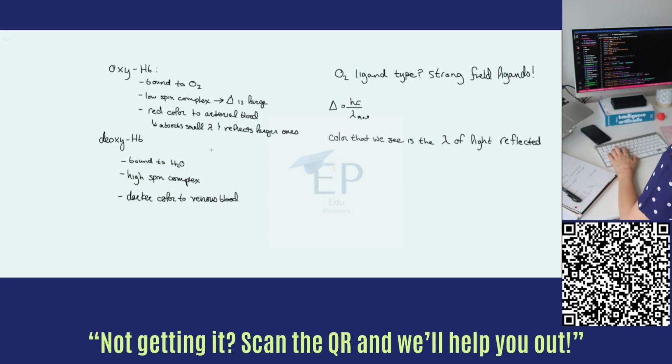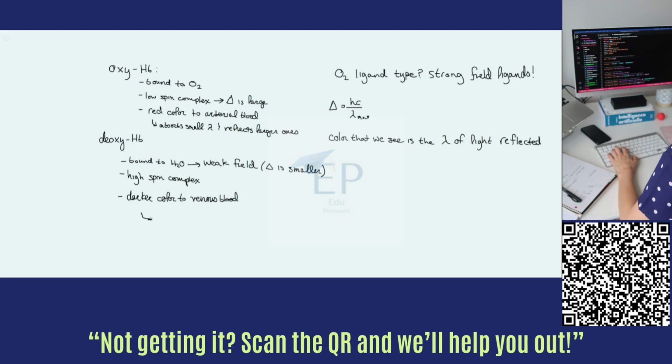Next up, deoxyhemoglobin is bound to H2O. Water is typically considered a weak field ligand. So delta is smaller. Delta is inversely proportional to wavelength of max absorption.